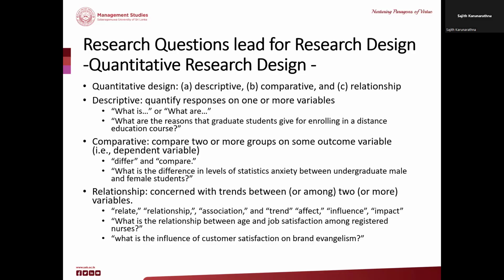Remember that as well. So these are the four major types of questions we can have, but you should use only one terminology, what. You can't use why and how in quantitative research.